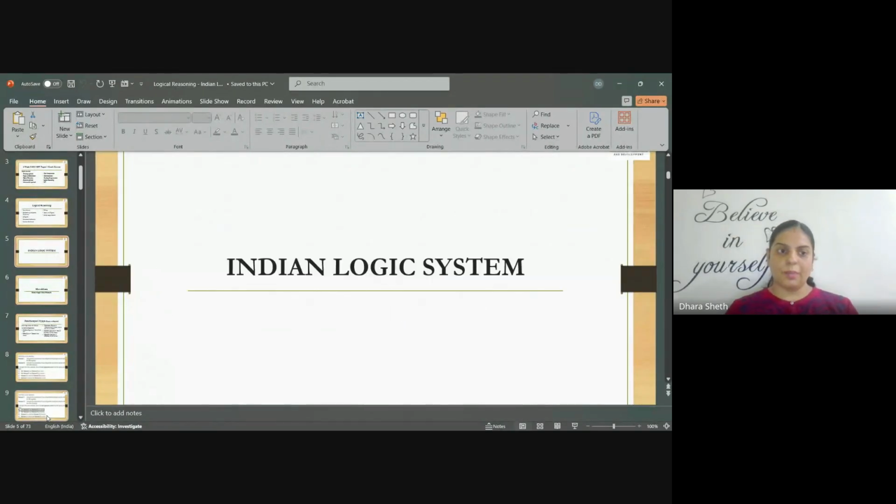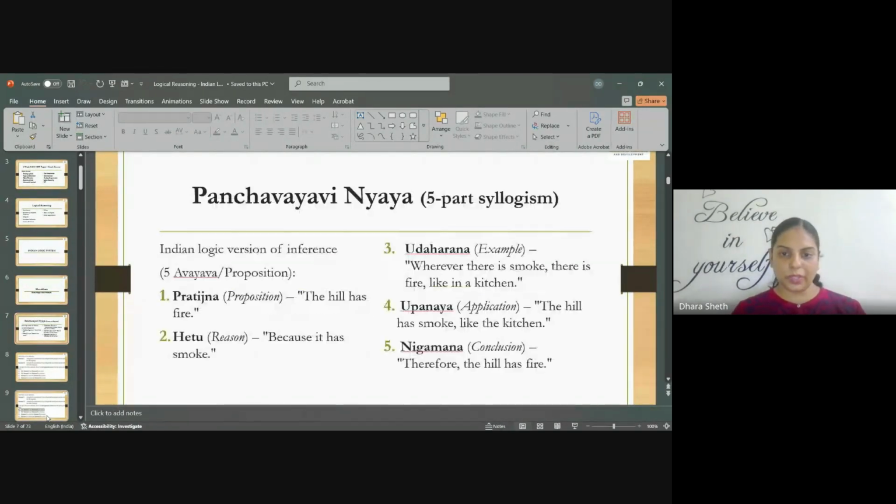Okay. Before we start with Hetvabhasa, we need to understand this basic Panch Avayavi Nyay. Avayav, which we can call proposition in English language. In questions of UGC NET, instead of Panch Avayav, they have called it 5 propositions.